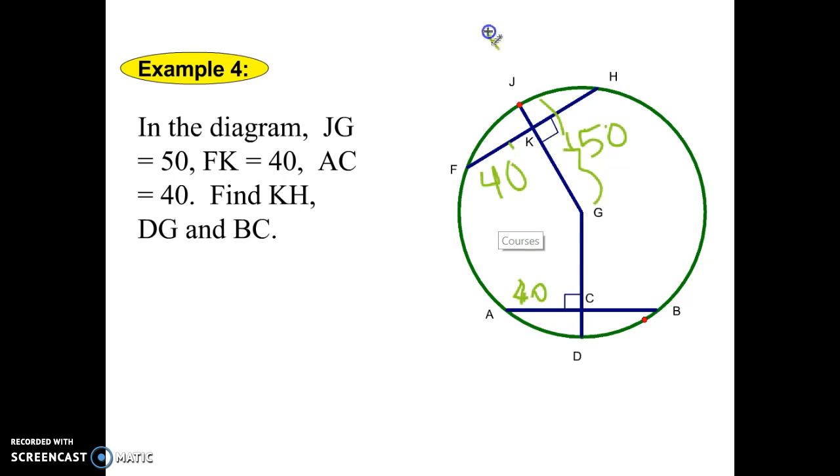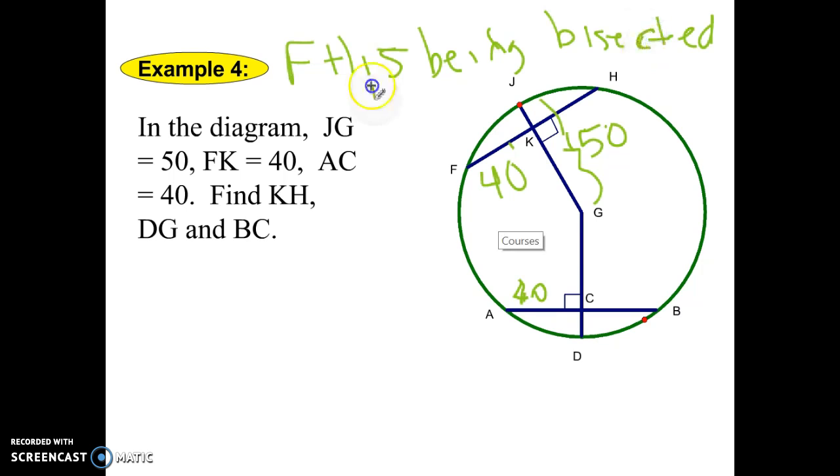Alright, and on this one as well, I'm going to add to the top here because I forgot to add it to the problem, but we're going to assume that FH is being bisected by JG and AB is being bisected.